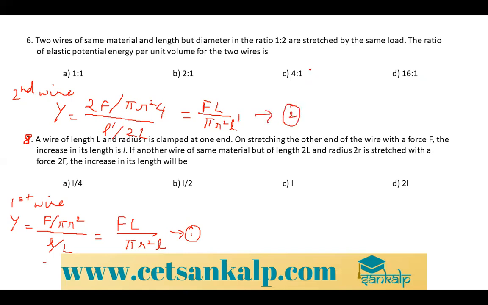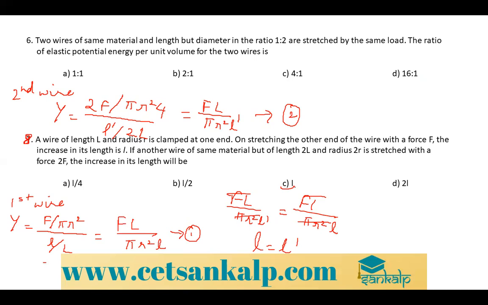So when you start equating them, you can write FL divided by pi r square L dash is equal to FL divided by pi r square L. Finally you can say L dash is equal to L. So option C, there's no change, you'll be getting the same thing.